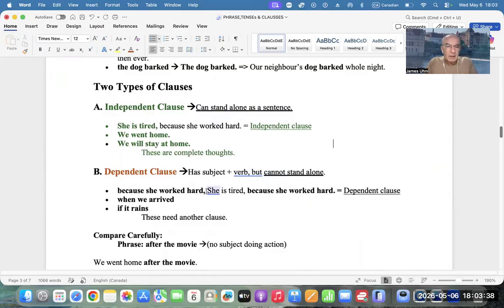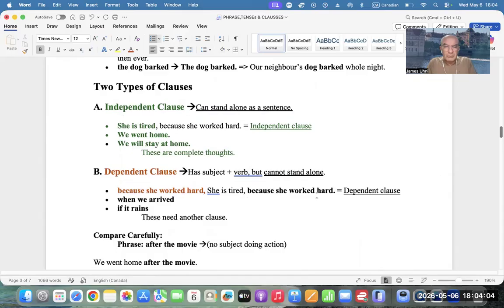Because she worked hard. There is this because. So she is tired because she worked hard. Now, can I change it this way? She's tired because she worked hard.